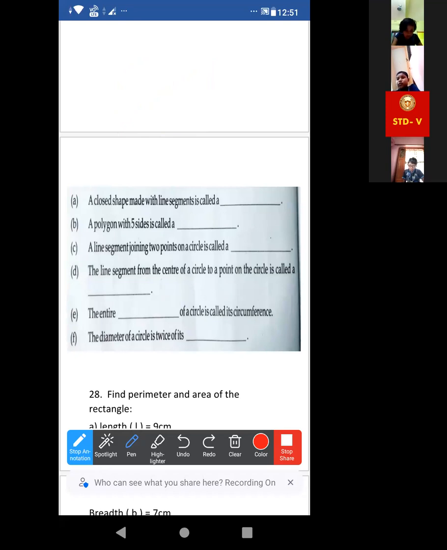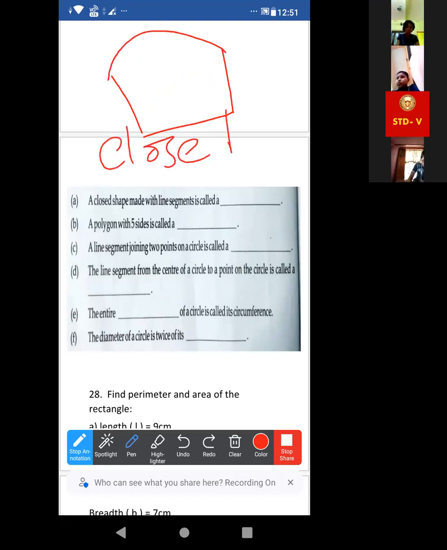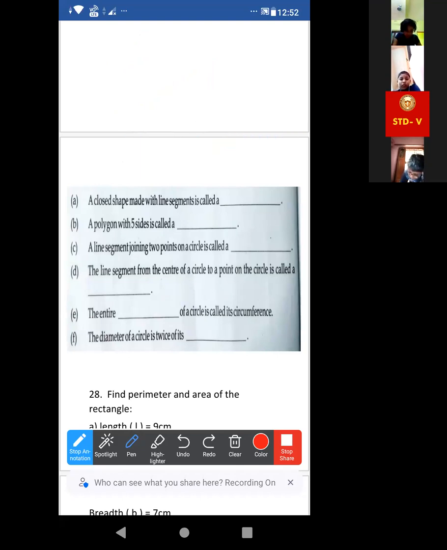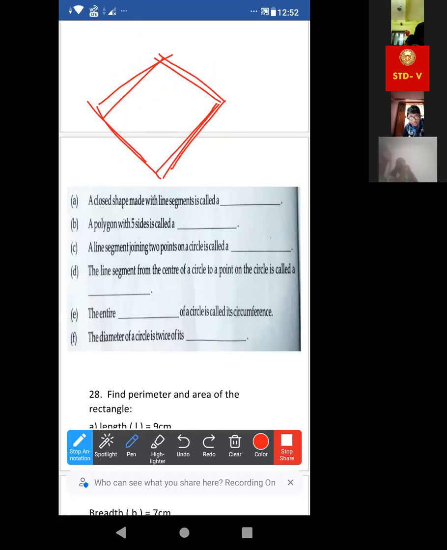Look, suppose we are making in this way 2 lines and 3 lines and 1 curve. This is called basically a closed figure, but not a polygon. Polygon means it should be made up of line segments. All the bordering part must be line segments.